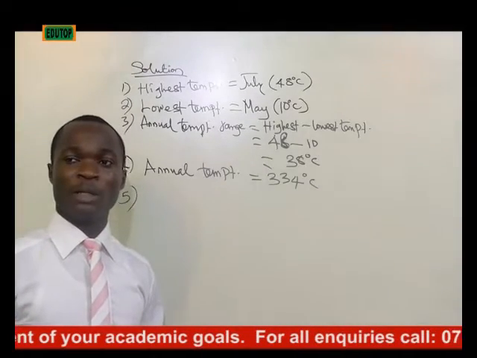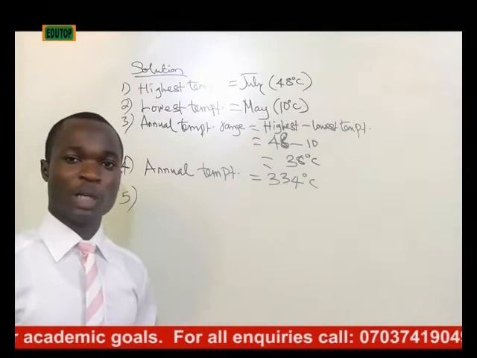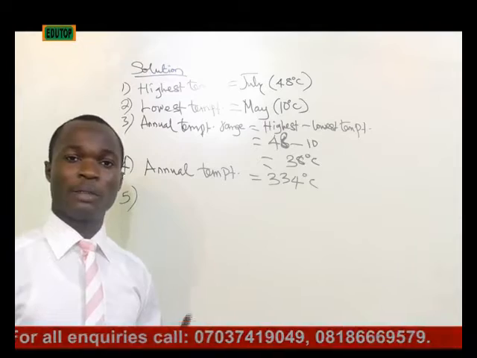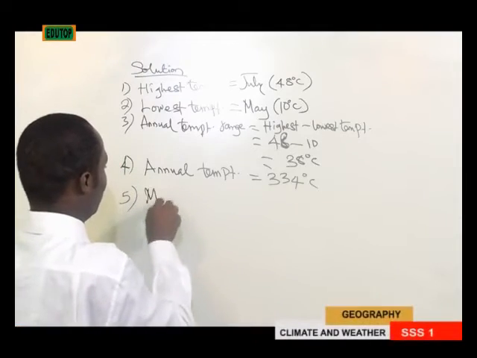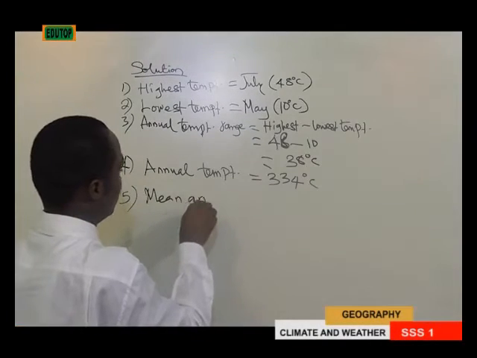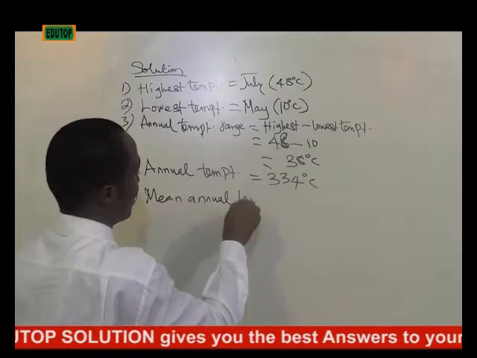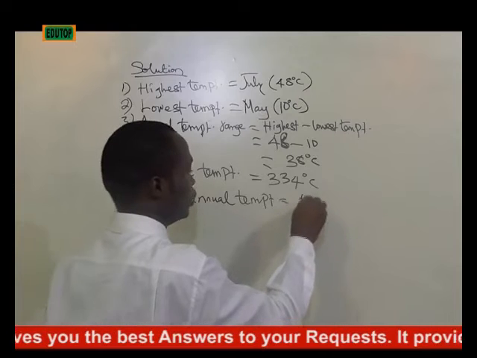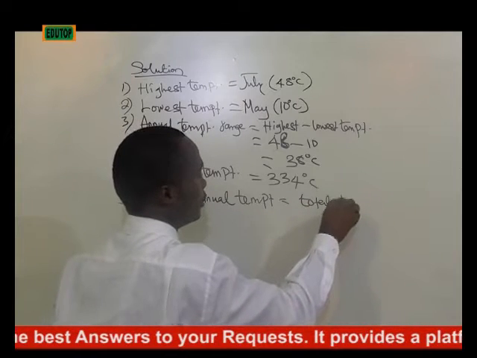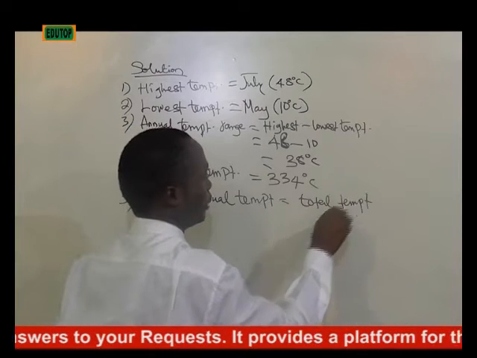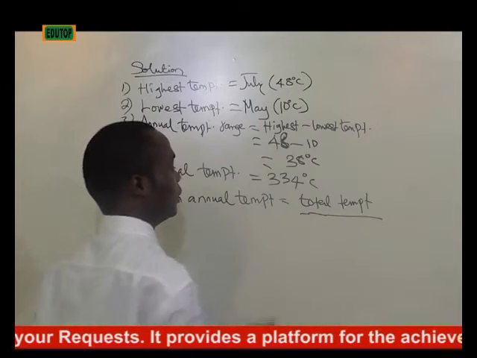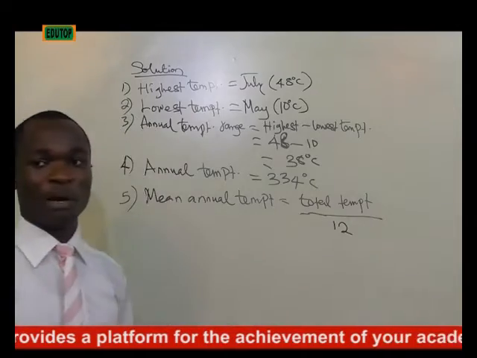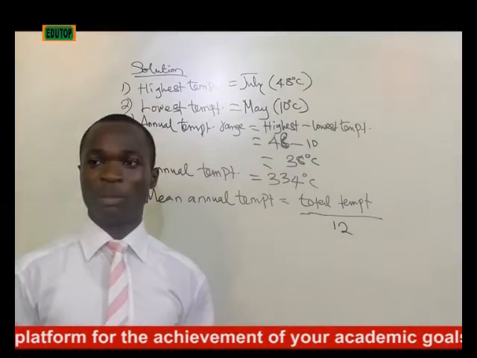Number 5. The mean annual temperature. Mean annual temperature is given by the formula total temperature divided by 12, which is the number of months that we have measured.